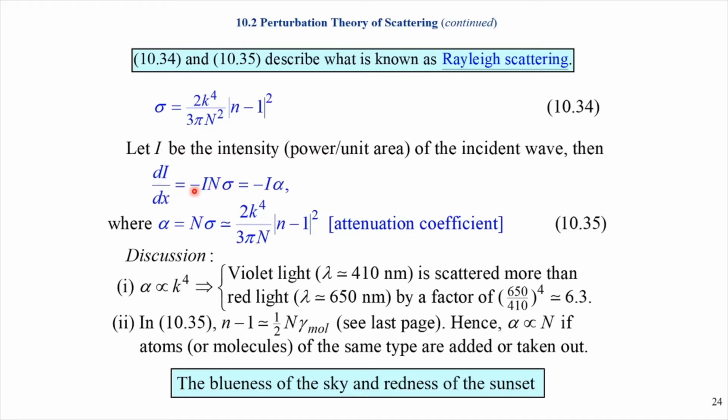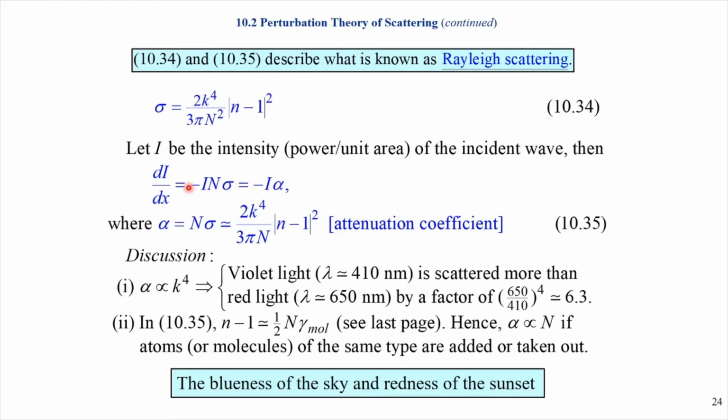So what does this mean? The intensity will be blocked by N sigma. N is the number density, sigma is the cross section per molecule. So if we have N molecules, this one will be blocked.